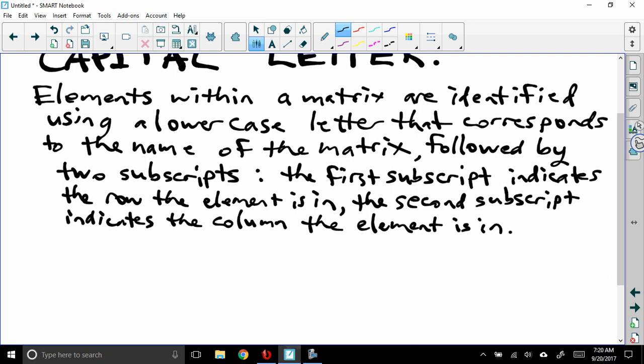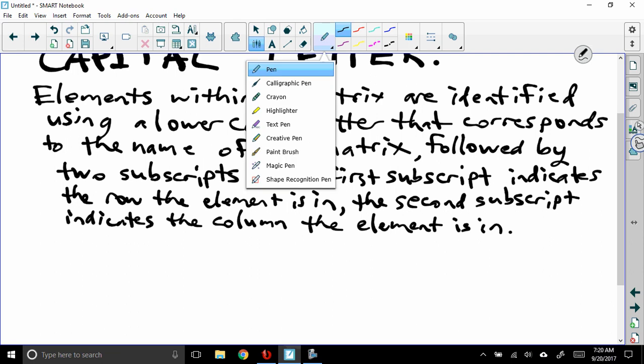So there's one more thing we need to talk about prior to actually looking at a matrix, and then we'll be able to get right to it. The last thing we need to talk about are the dimensions of a matrix.